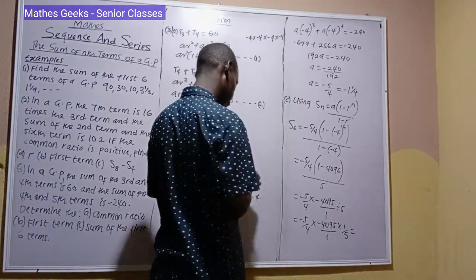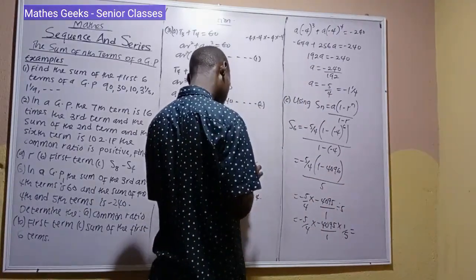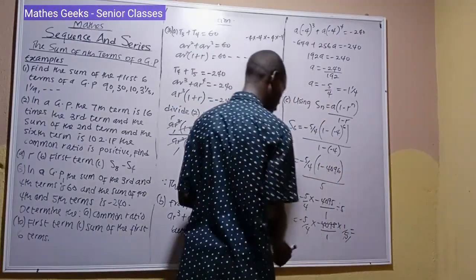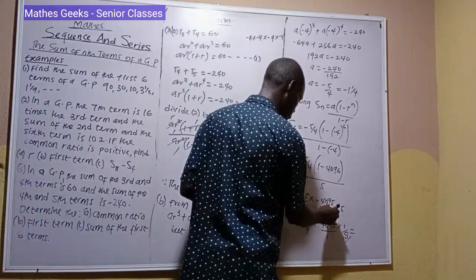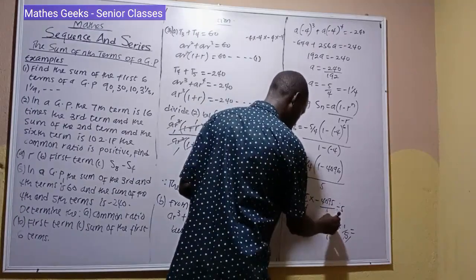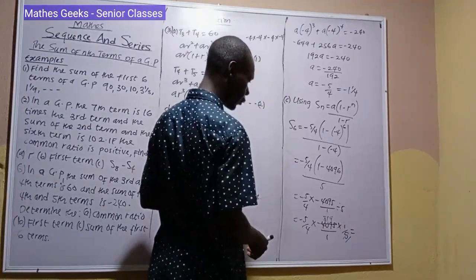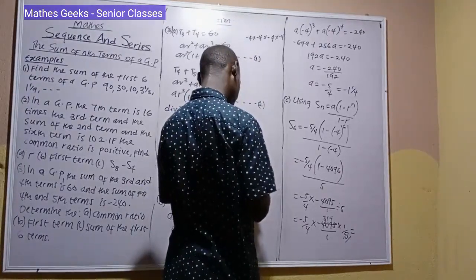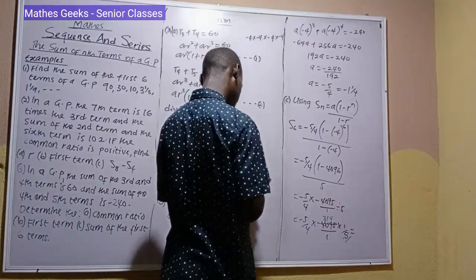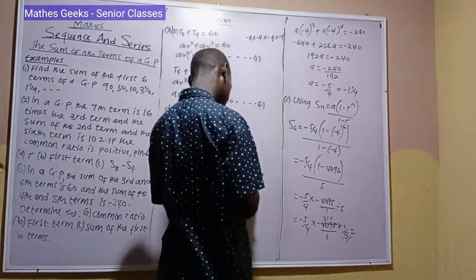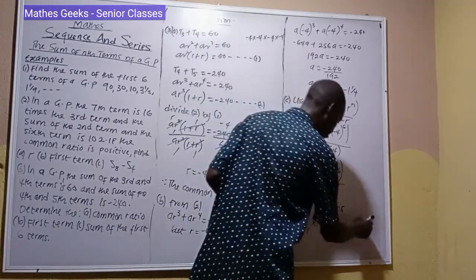Alright, 4095 divided by 5 will give us 819. So 819 times 5 over 4, that is 4095 divided by 4.